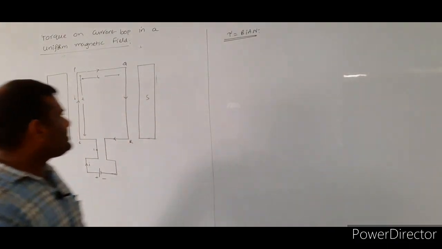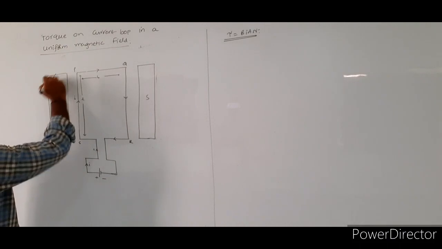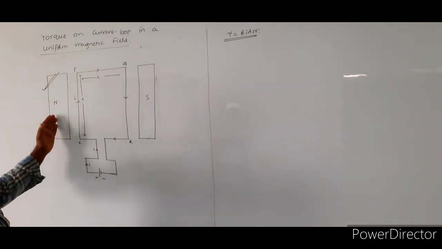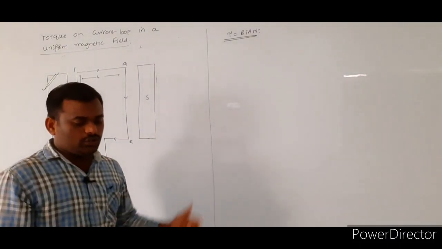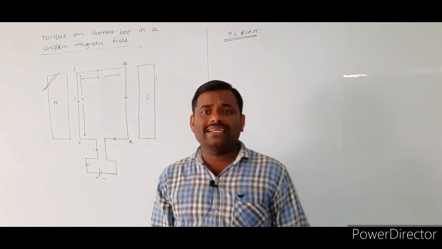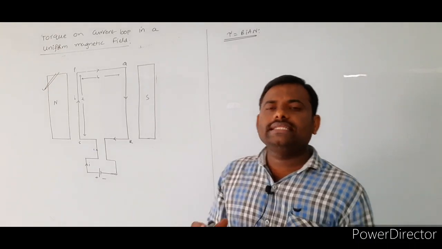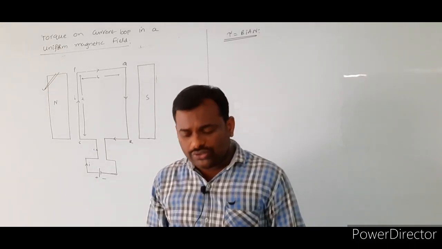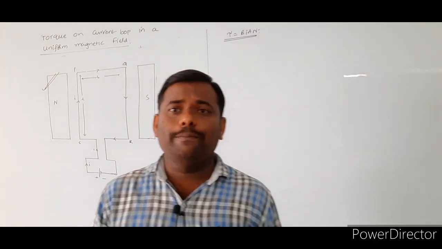For that purpose, we consider two strong electromagnets, one is the north pole and the other is the south pole. The electromagnets of north and south pole produce a strong external magnetic field.